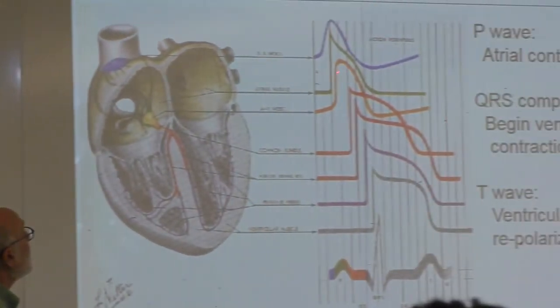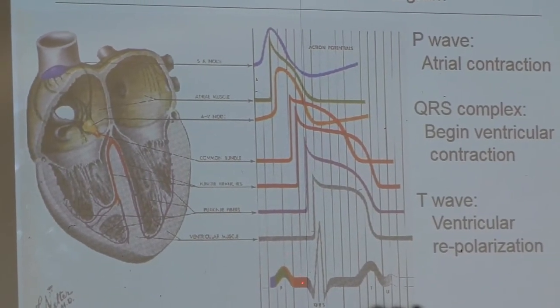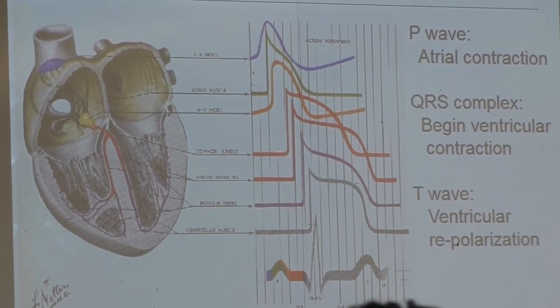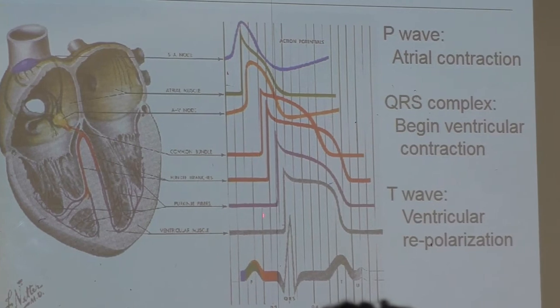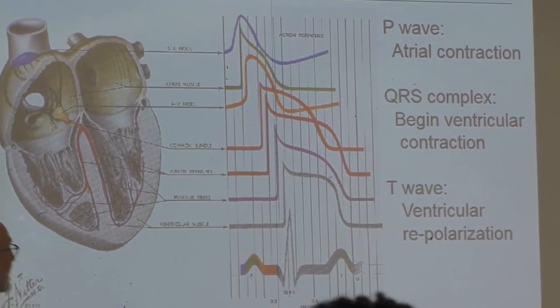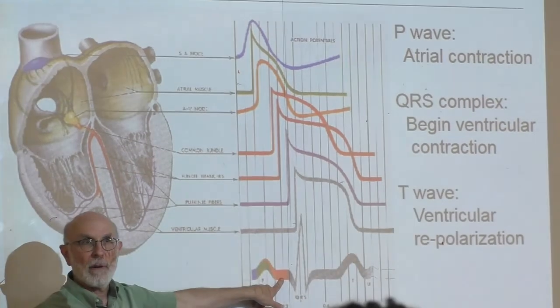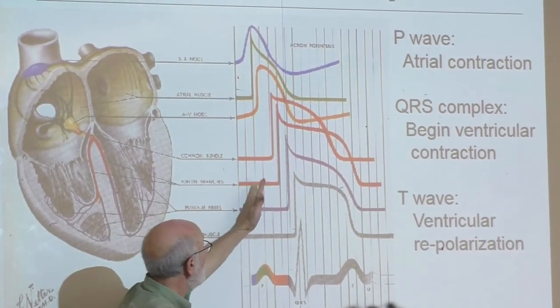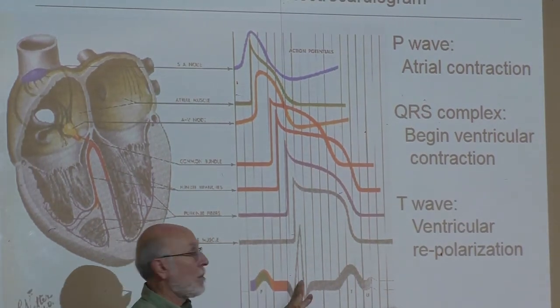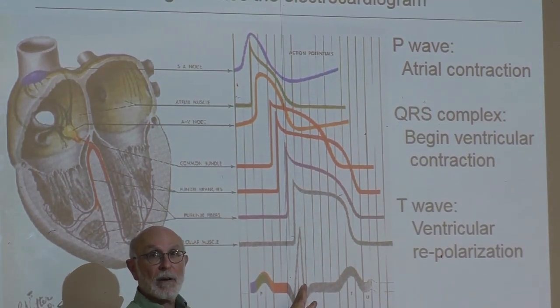Then it goes through the AV node, which you can't see. Then it goes through the AV node and bundles and Purkinje fibers. All of that flow is relatively silent in the electrocardiogram. But then the action potential spreads throughout the ventricles, and that gives you a big signal in the electrocardiogram.